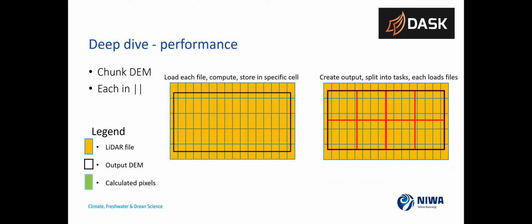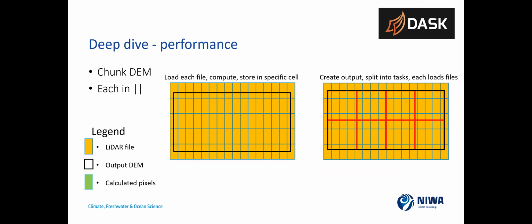When LiDAR flows in, it ends up being chunked up into different files, just because it's large enough that it's required. And we want to turn those individual files that can contain scattered point data, so it's not structured, it's not like the voxel grid of a CT scan, instead it's just randomly scattered around, into a regular grid, like the pixels in an image.